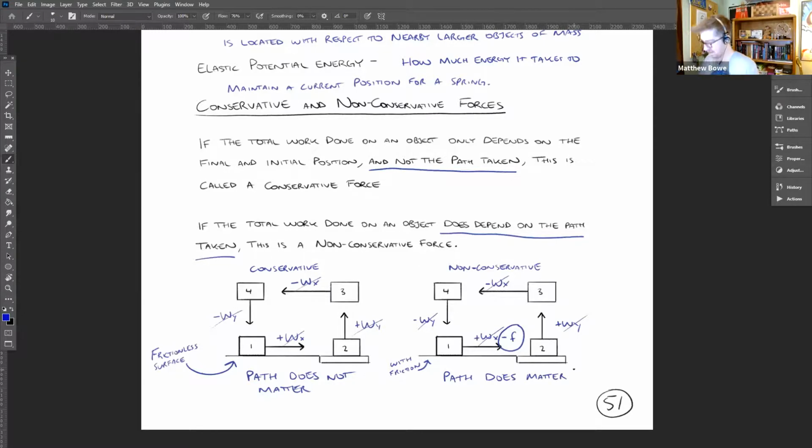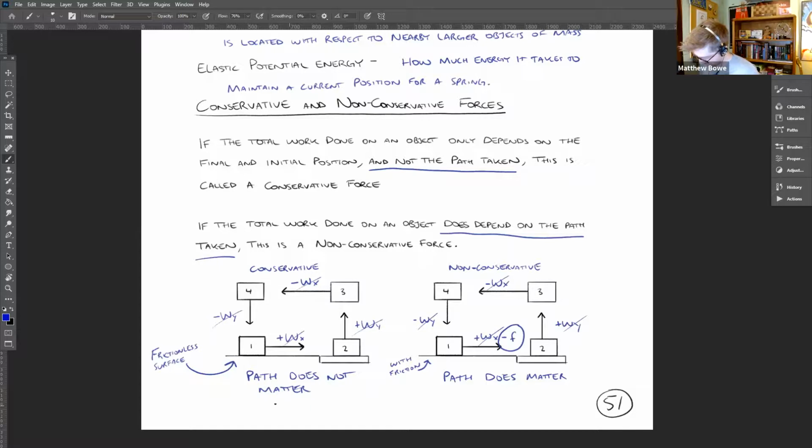So whenever the path does matter, whatever is going on in your system, you have to see what the non-conservative forces at play are. In this case, this one that I circled, that's friction. Friction is a non-conservative force because it always opposes movement.